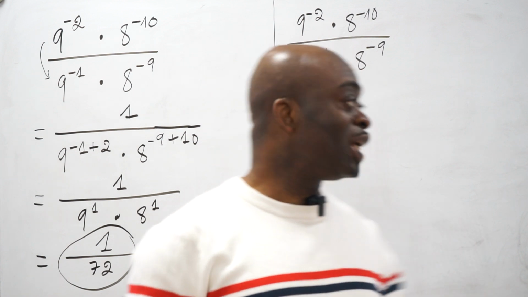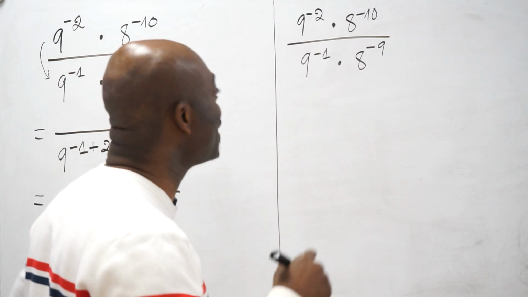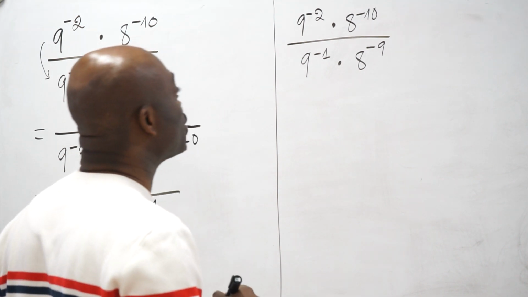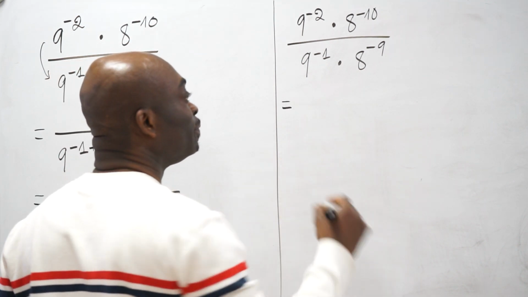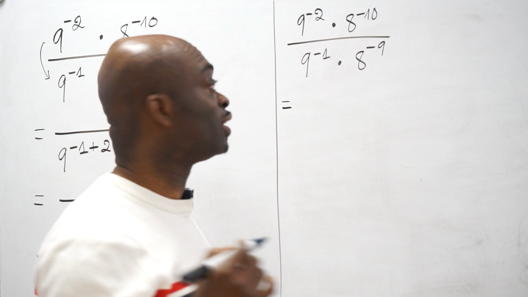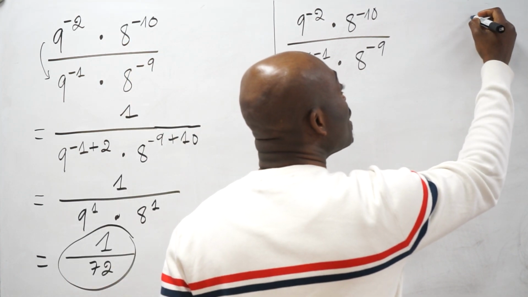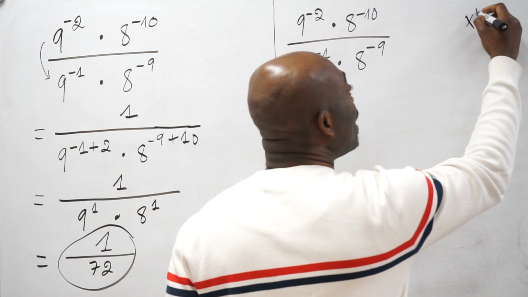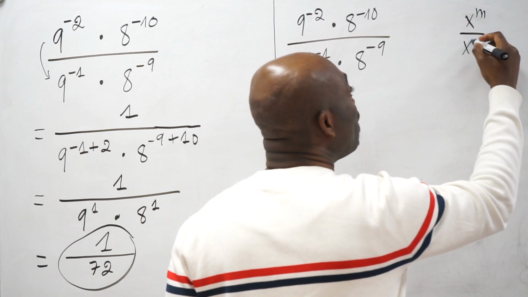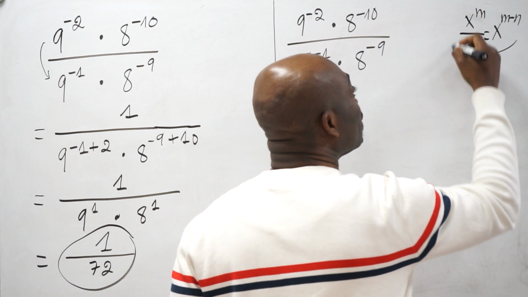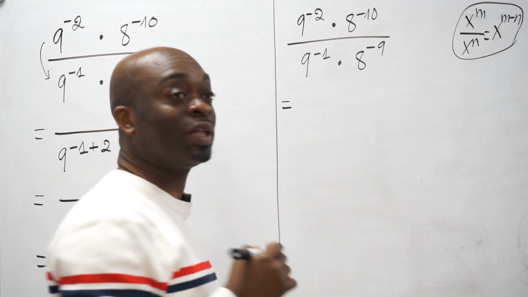All right, so let's take the same problem and see how some people will go about it. A lot of times, the rule tells us that when you have x to the power m over x to the power n, you have x power m minus n. So that's what the rule is.